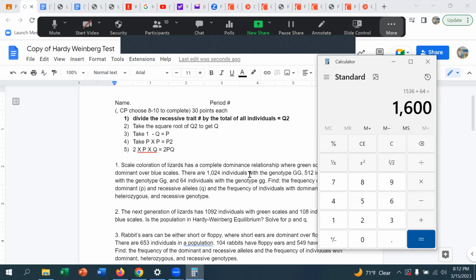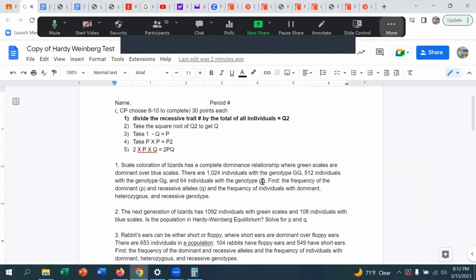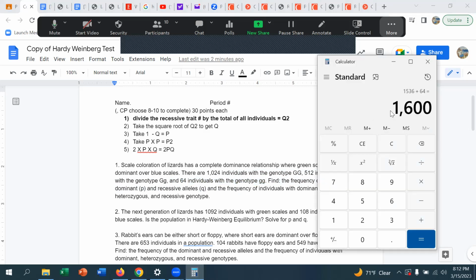Some of them have blue, some of them have green scales, some of them have something in between. Now, there's only 64 that have this one, and this is what I'm looking for. One that has two small letters. That is Q squared. So in order to get Q squared, all I had to do was take 64 divided by 1,600.